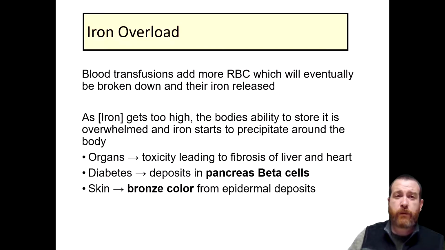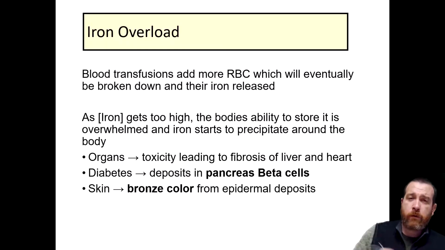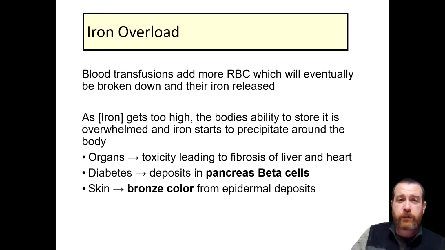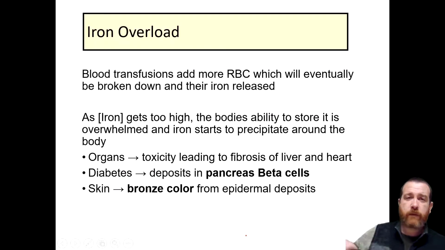This becomes a problem because these blood transfusions end up adding more red blood cells, which then will eventually be broken down, right? They're not going to be as damaged as the red blood cells that we have in someone with thalassemia or sickle cell anemia, right? Because they don't have the same mutations in those individuals that are donating the blood.